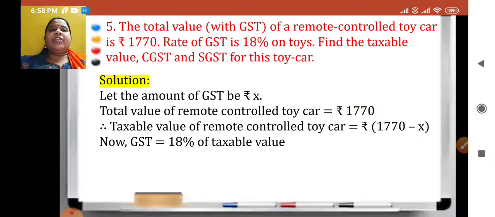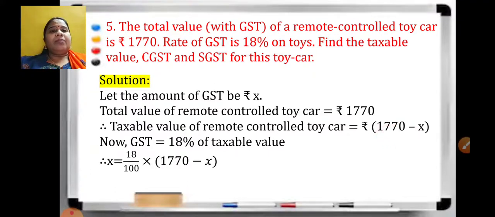Now the GST rate is how much? 18%. Now we know that GST is always calculated on the taxable amount. See, 18% of 1770 minus X. See, the GST amount is X. I am just substituting the values in this formula. GST is equal to 18% of the taxable value. GST is X. So X will be equal to 18 upon 100 into the taxable value.